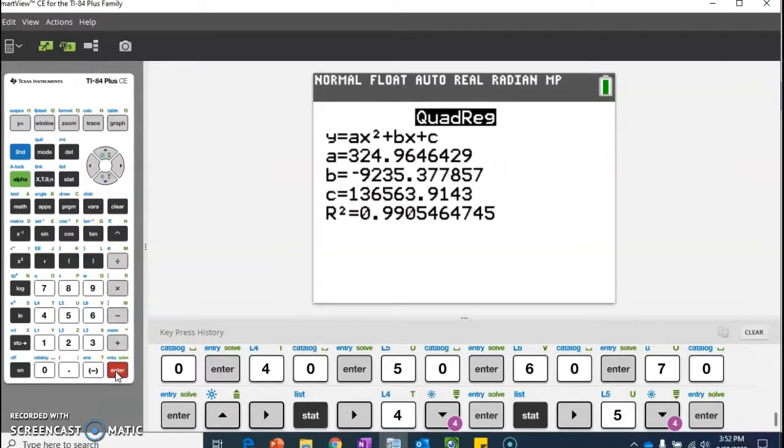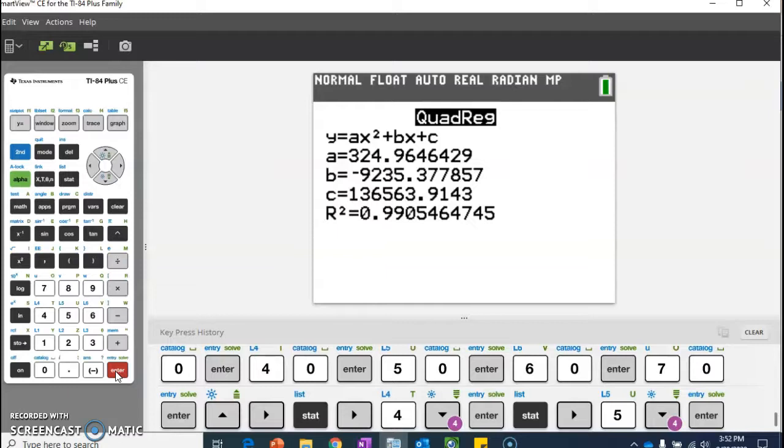And I'm going to write down my quadratic regression model, which is y equals, and let's go to 2 decimal places, 324.96x squared minus 9,235.38x plus 136,563.91.